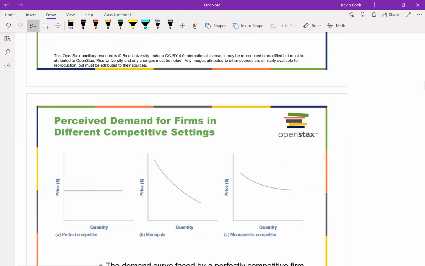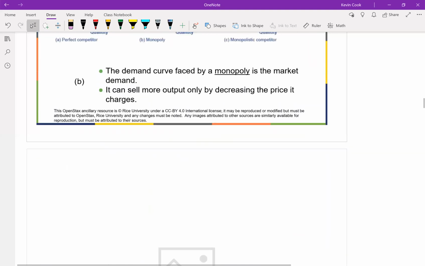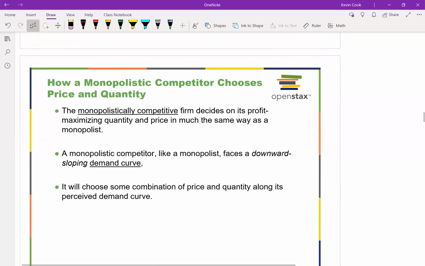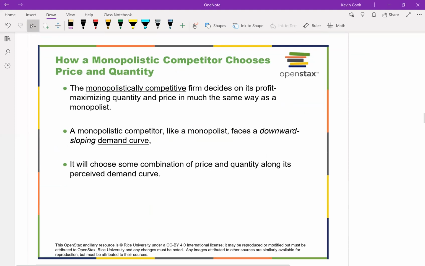So the next little bit we look at, and we'll get back to these curves in a second as we get into the monopolistic competitive market, is the next question we want to look at: how does a monopolistically competitive firm actually act?